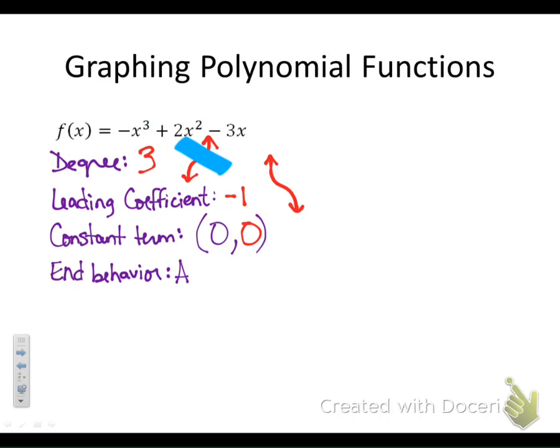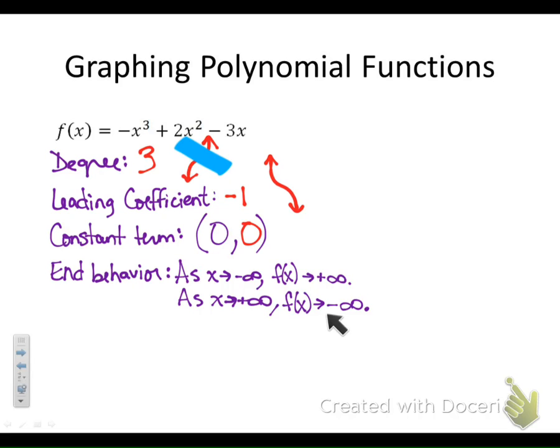End behavior. So looking at the left arrow, I'm up. So that means my output, or my f of x, should be going to positive infinity. My right arrow is down. So f of x will be approaching negative infinity.